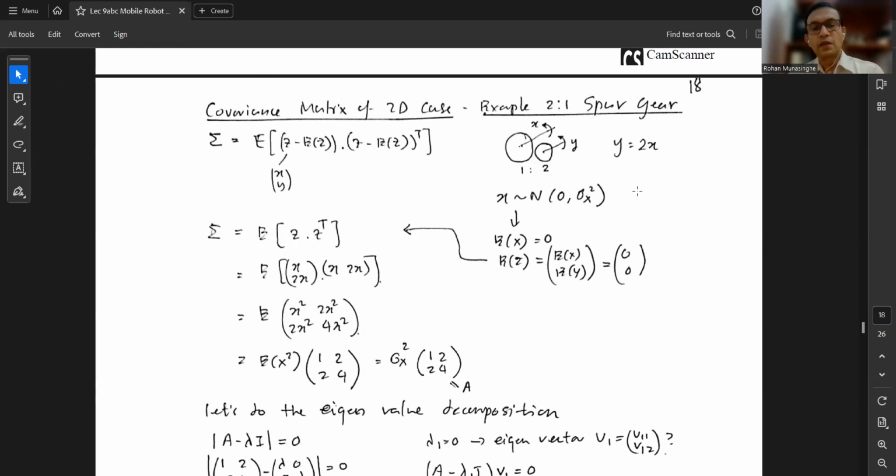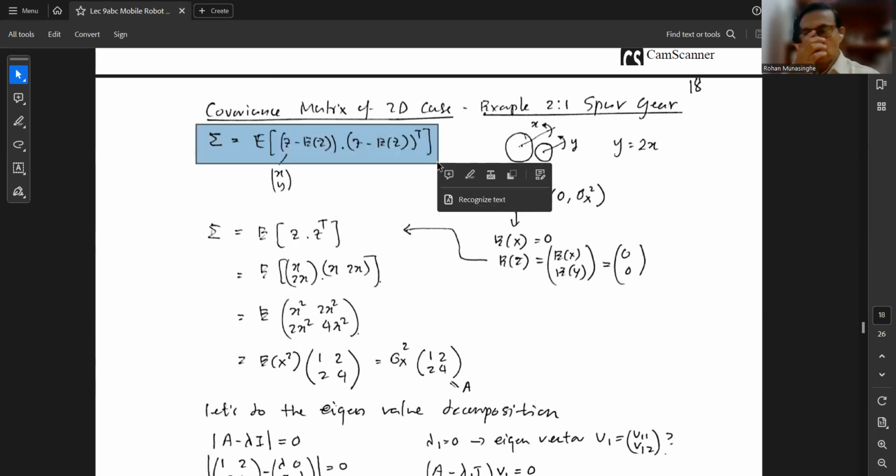Now, if you want to calculate the covariance, this is the equation for covariance. How do you define covariance? It is the Z minus expected value of Z. Remember the covariance table that we calculated earlier? What you measure minus the average and multiply the same thing, you get the square.